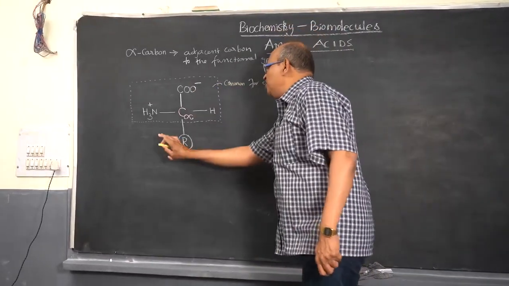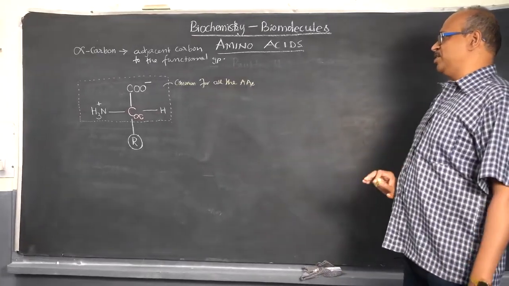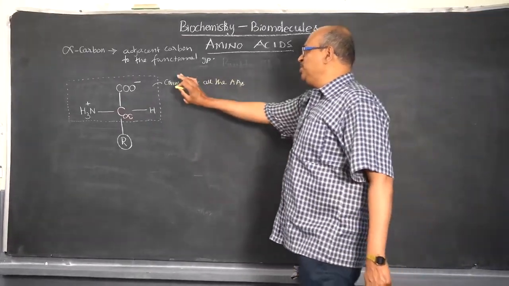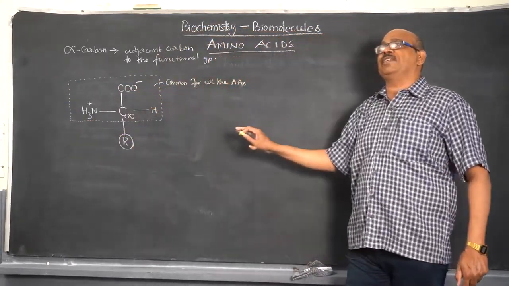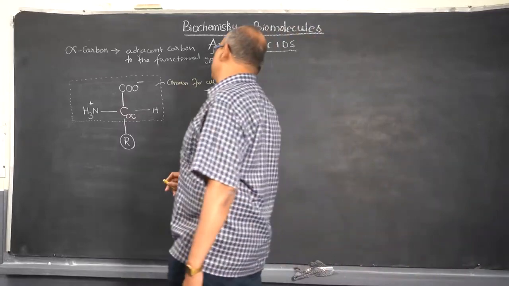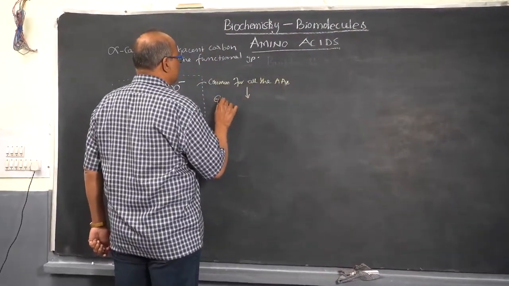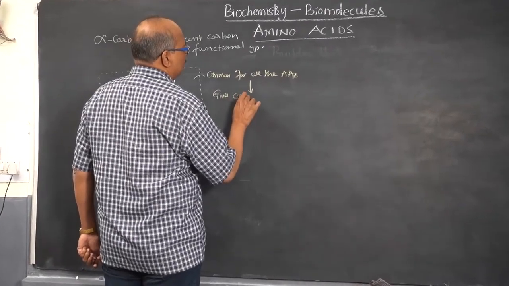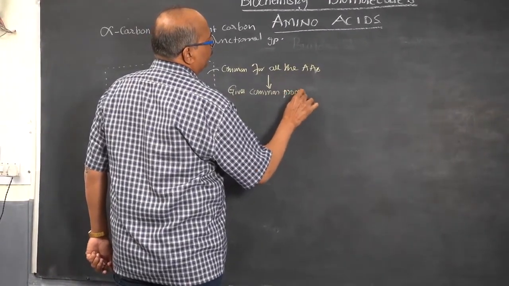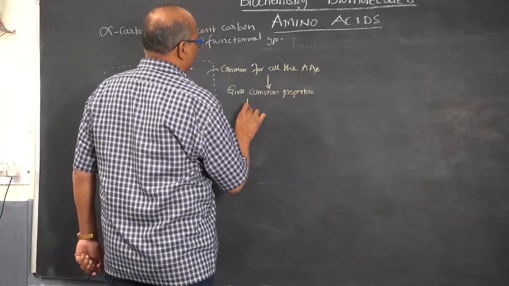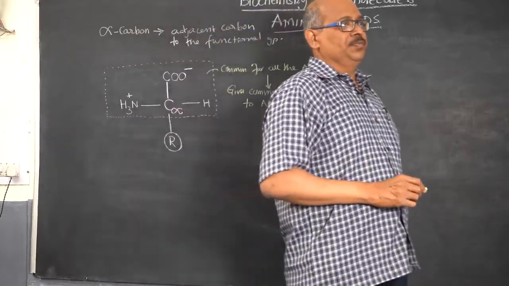So since these groups are same for all the amino acids, this region of the amino acid is responsible for common properties of amino acids.